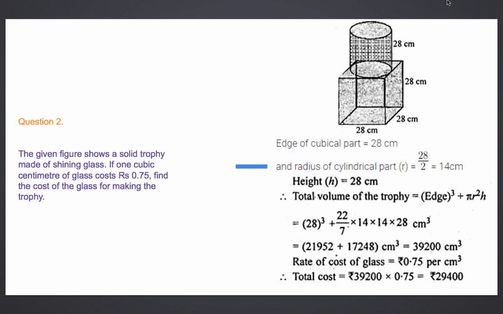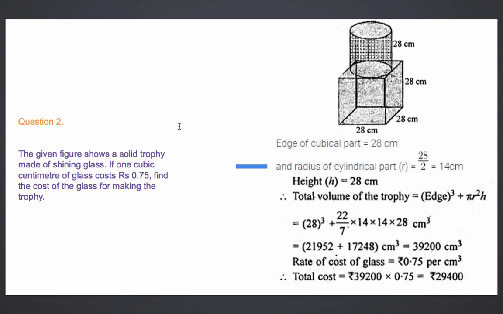We can see the shape of the trophy given in the book. At the base we have a cube, and on top of the cube there is a cylindrical shape. So the trophy has 2 shapes within it. What are the 2 shapes? First is cube, second is cylinder.